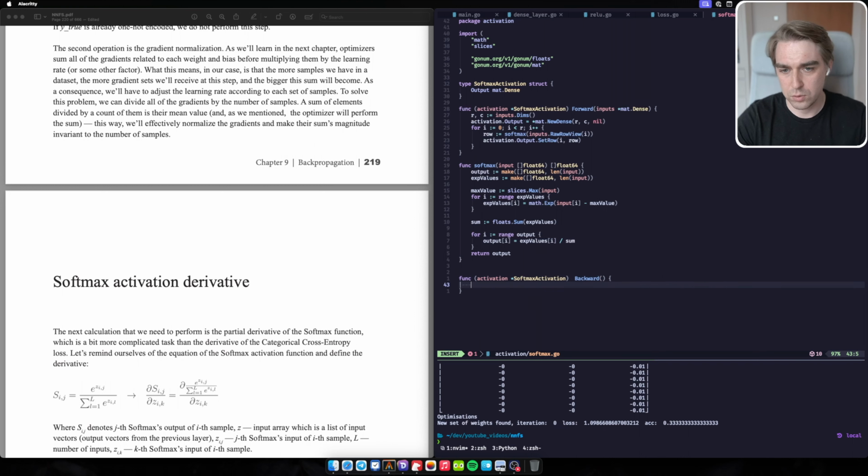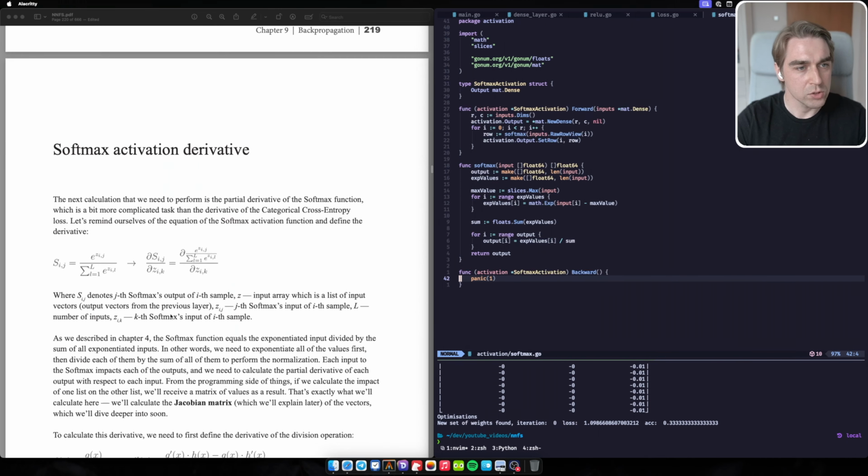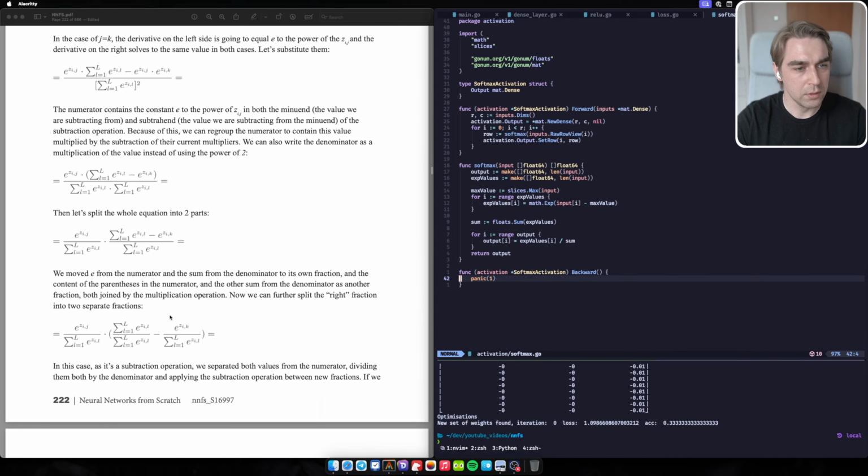Good question what we need to do here, and what will be the input values. But okay, the next time we will calculate the softmax activation derivative.